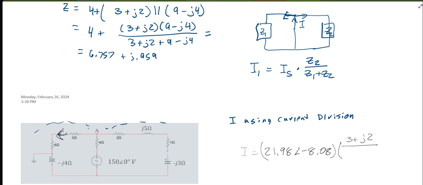So it would be 3 plus J2 plus 9 minus J4. So that's 3 plus 9 is 12, and J2 minus J4 is minus J2.